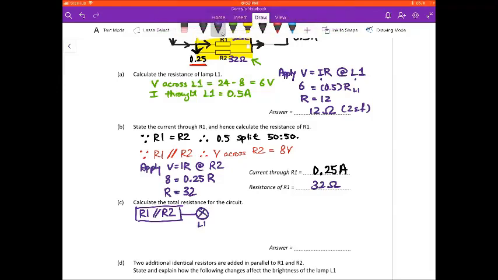So if I want to do it, it will be 1 over 32 plus 1 over 32. Remember, you have this plus 12 because they are in series. So I think I will get 28.